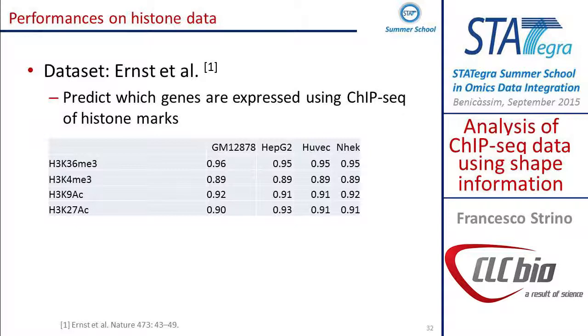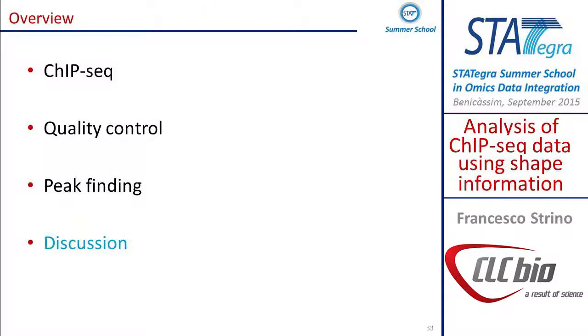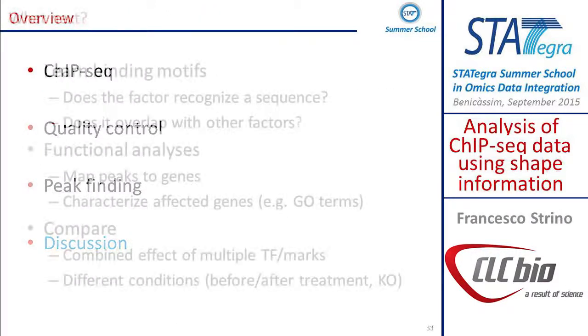The other marks are correlated, but a bit less. I think the problem is not in the peak calling, but that the relation between the two is not as strong. But you can still get a pretty good idea of what's going to be expressed. And yeah, now I'll just wrap up.